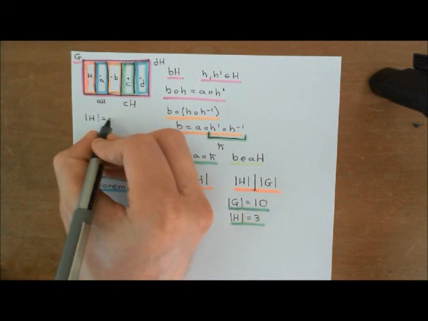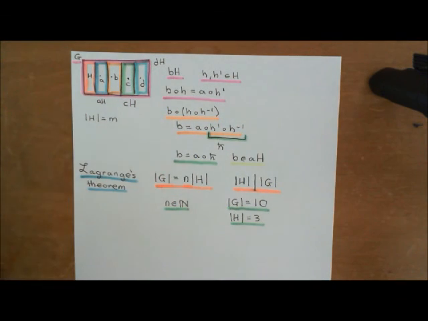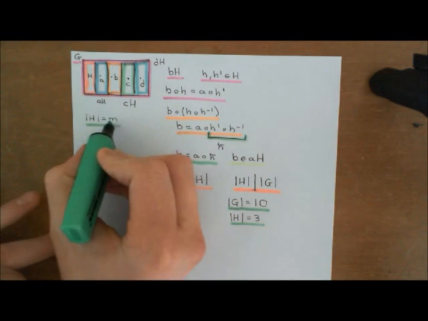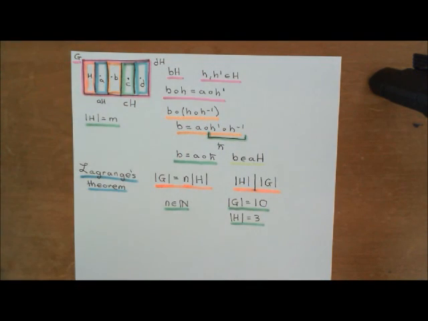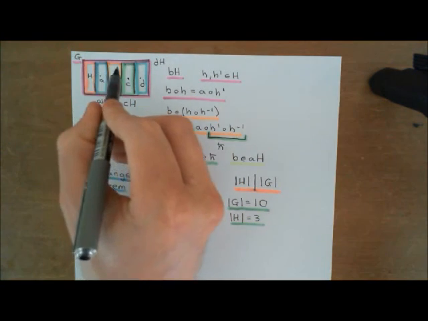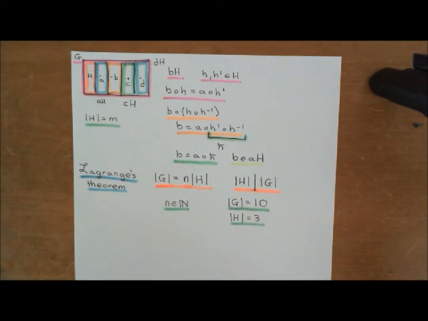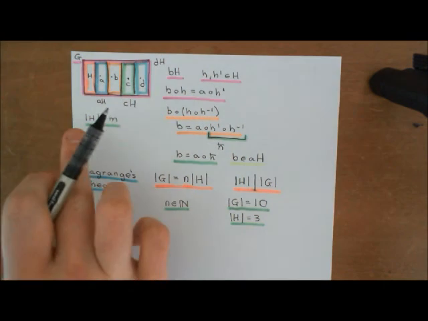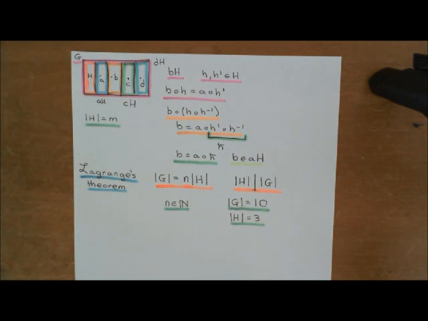Let's call that number little m, some natural number, 1, 2, 3, a counting number, the number of elements in capital H. All of these cosets must have exactly the same number of elements, because the definition of the cosets is that they are just all left or right multiples of the elements of the subgroup by a certain element, and we know that all the answers you get are distinct.